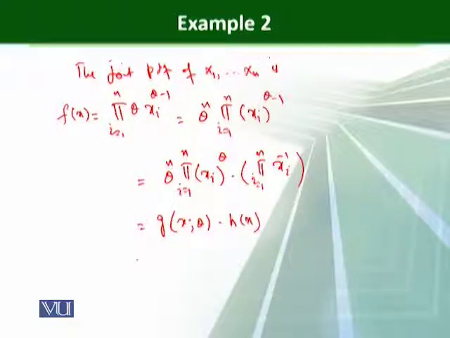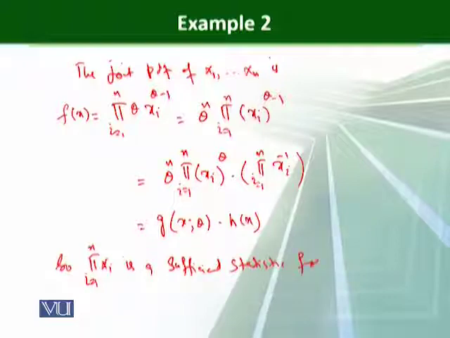We can see that h of x does not contain the parameter theta, so we can see that the product of xi, i varies from 1 to n, is a sufficient statistic for theta.